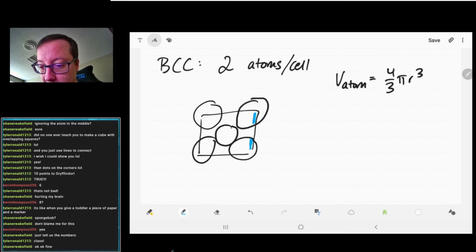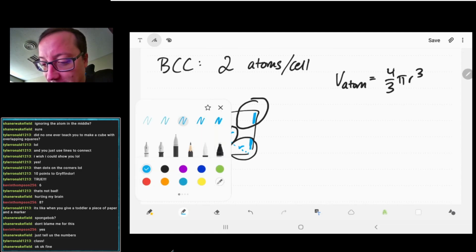However, we can see that this diagonal is going to be 4 of the radii, right? The one in the middle of the little cubic thing, the unit cell, is going to be touching all the outside atoms.